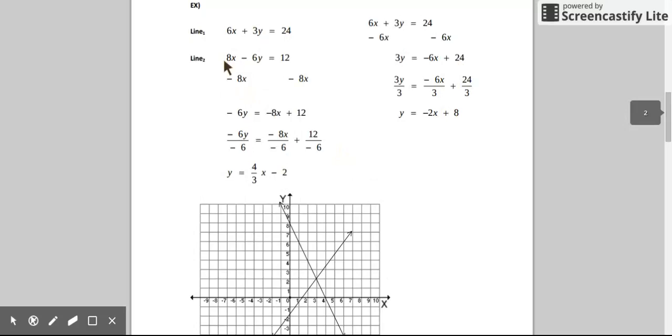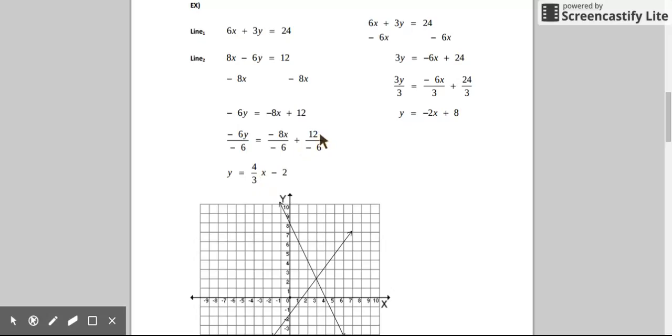To work on line 2, we need to move 8x over to the other side, so subtract 8x from both sides. Now we have negative 6y equals negative 8x plus 12. Divide everything by negative 6. Negative 8 divided by negative 6, that's a negative divided by a negative, which simplifies to a positive, and we can reduce 8/6 by dividing top and bottom by 2 to get 4/3.